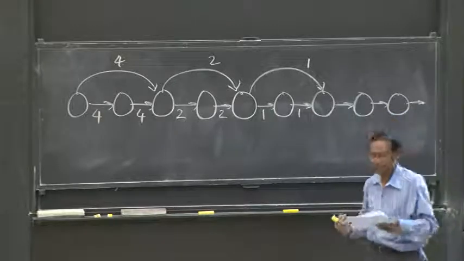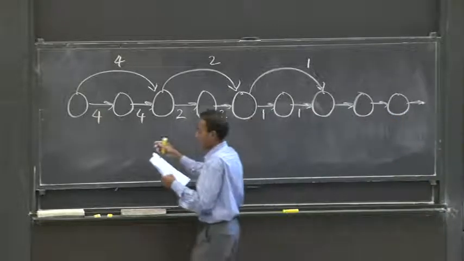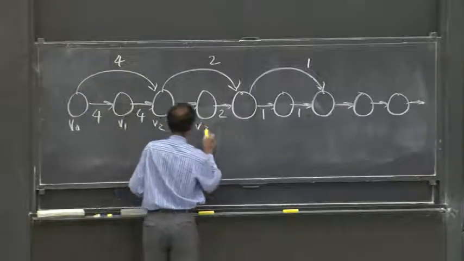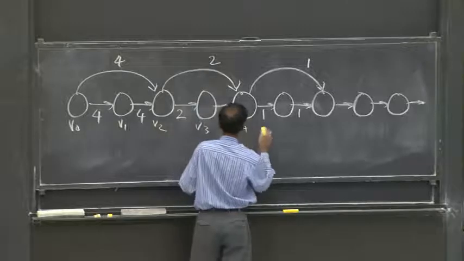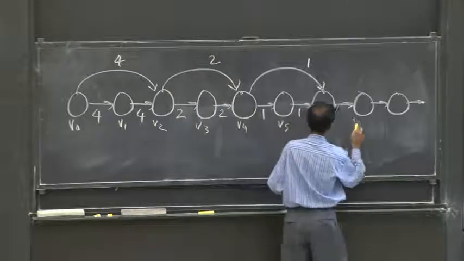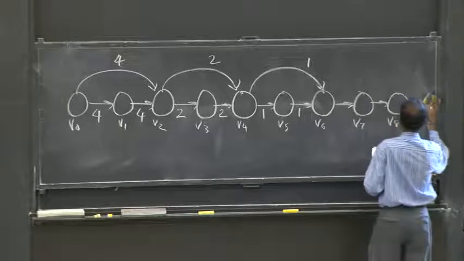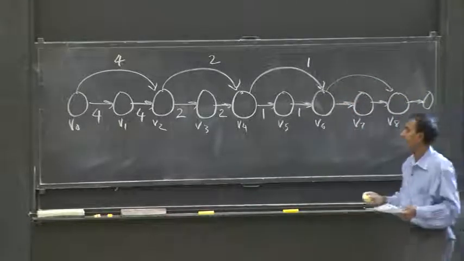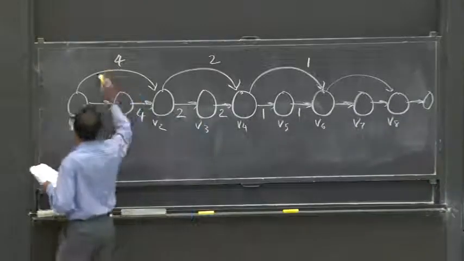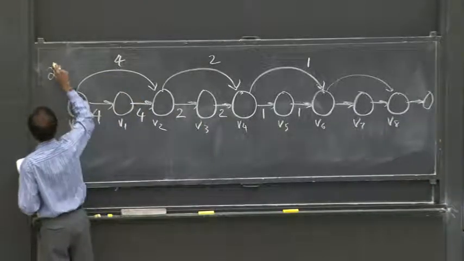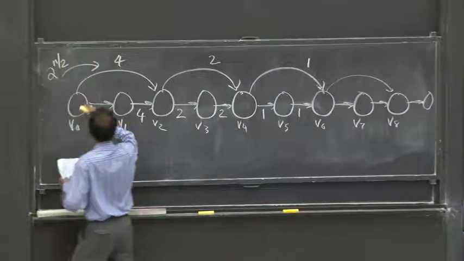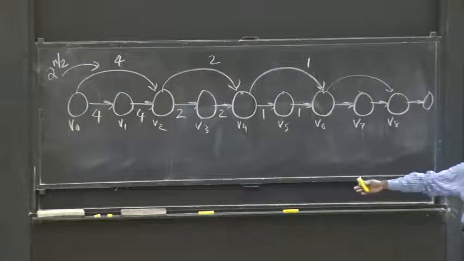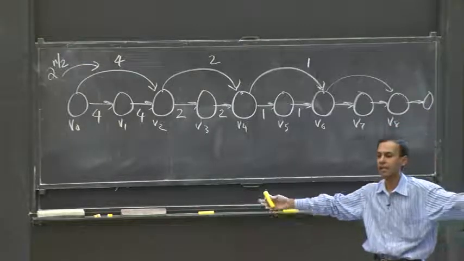If I created a graph that looked like this, with V4, V5, V6, V7, V8, and this structure, then I'm going to end up having something like 2 raised to n over 2 weight if I have n vertices in this graph. Or at least the dynamic range of weights is going to be 2 raised to n divided by 2.